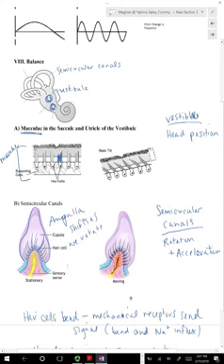The maculae are made up of hair cells down here, with these receptors coming up, the little hairs. There is a gel right here, and then on top of this gel are rocks. They literally are a type of rock. They've got calcium in them.